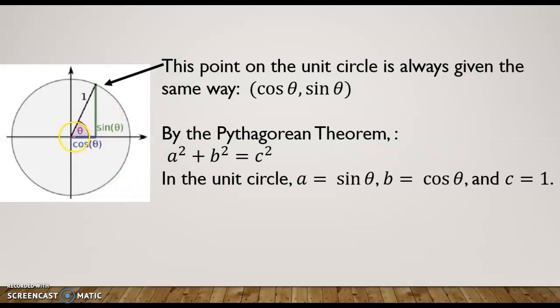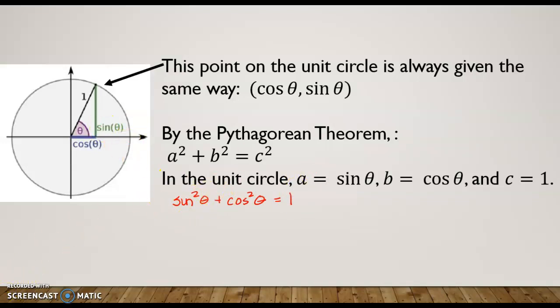When you've got this, remember your Pythagorean theorem: a squared plus b squared equals c squared. In this unit circle, then, sine is a, cosine is b, and c is 1. So you would have sine squared theta plus cosine squared theta equals 1 squared, which is just 1.